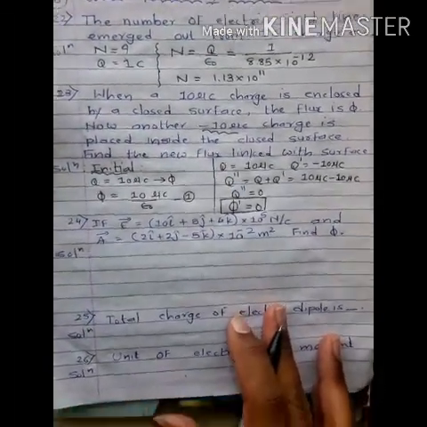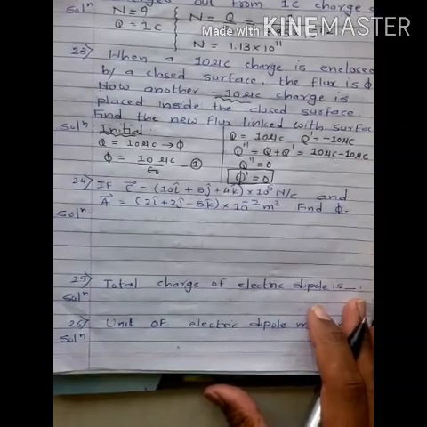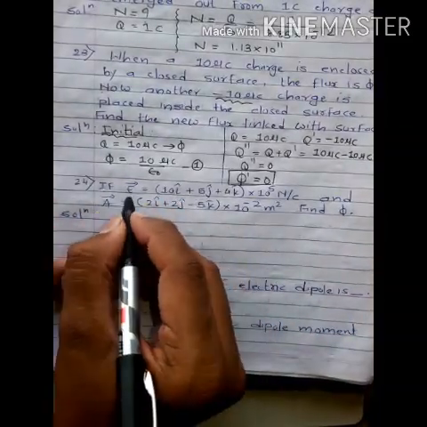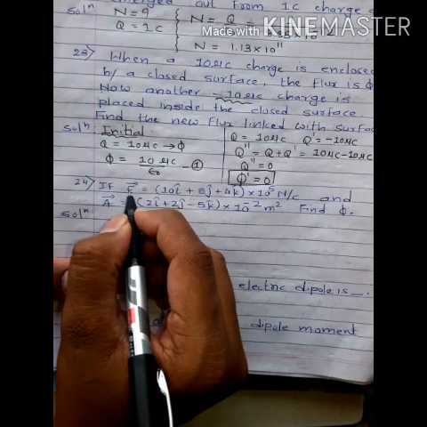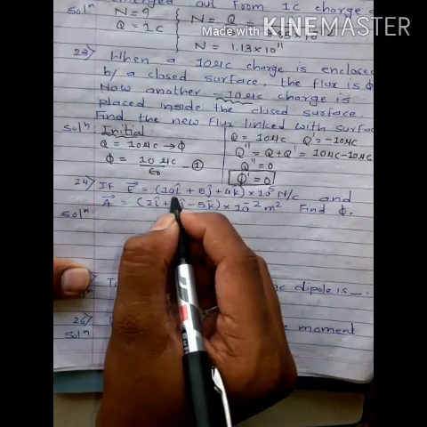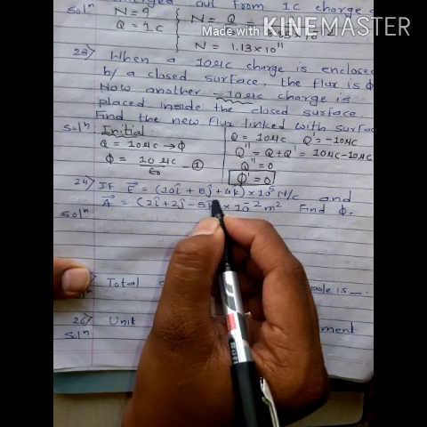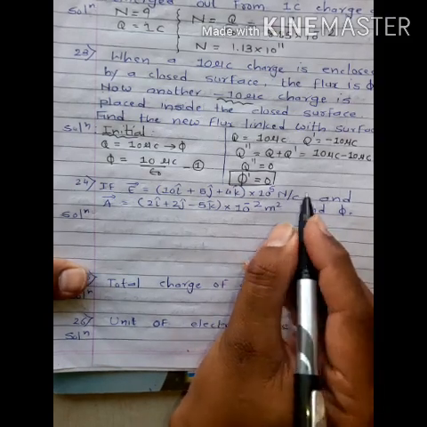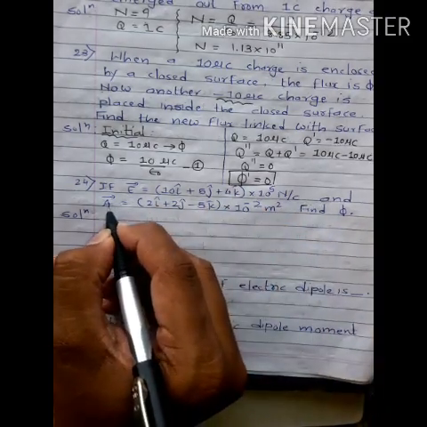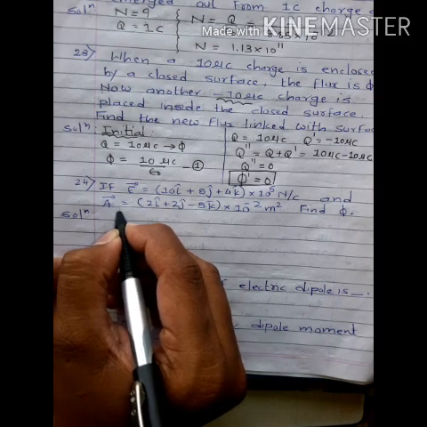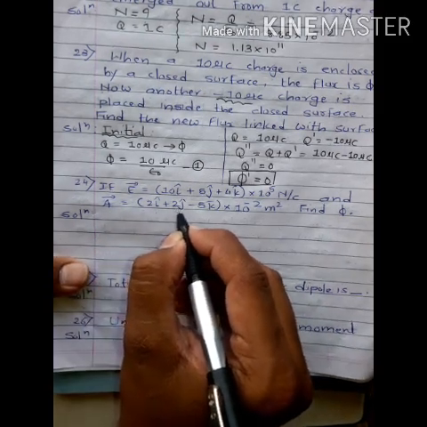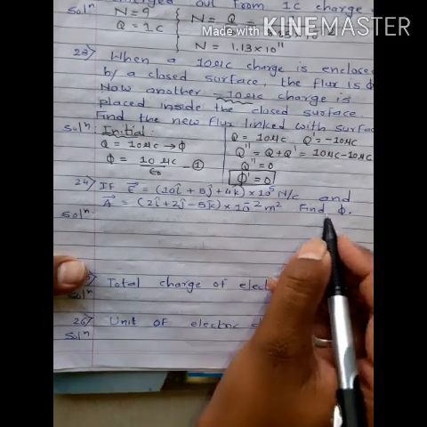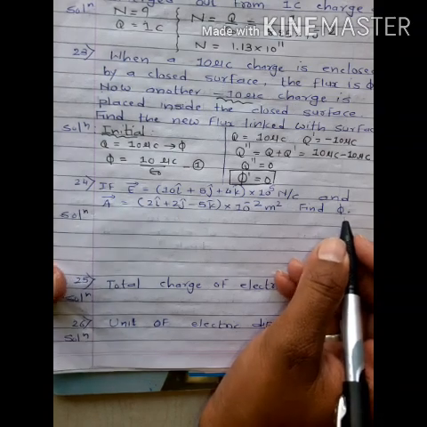Next MCQ. MCQ number 24. This is a numerical type MCQ. If the electric field prevailing in some region is 10 i cap plus 5 j cap plus 4 k cap into 10 to the power 5 Newton per coulomb, and the area vector of that surface is given by 2 i cap plus 2 j cap minus 5 k cap into 10 raised to minus 2 meter square, find the value of flux phi.